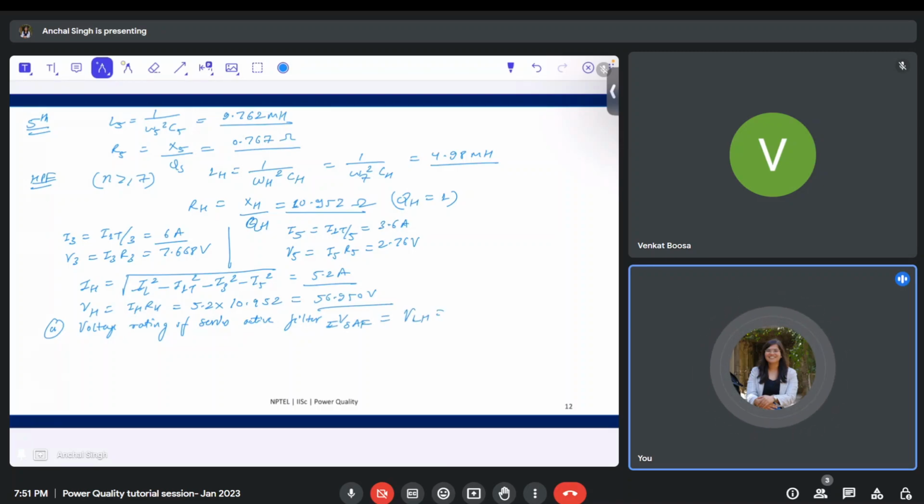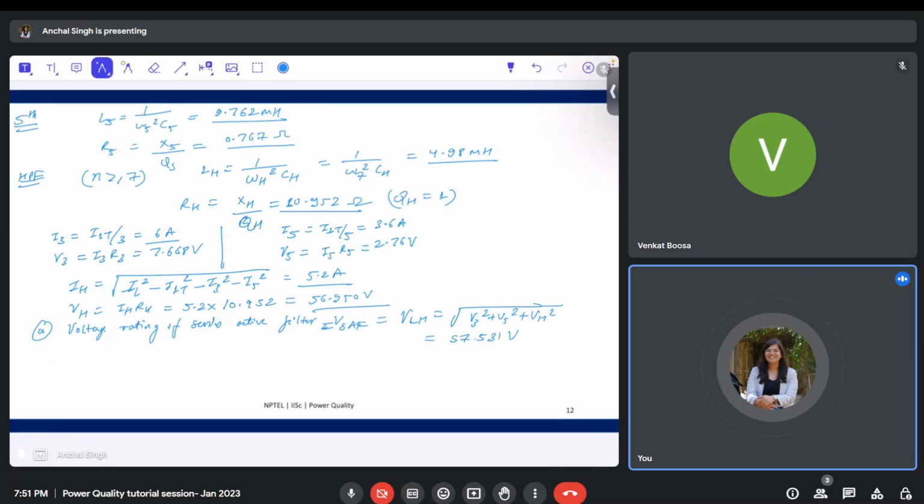So V load harmonic, which will be equal to V3 square plus V5 square plus VH square. This will be the sum of all these components. So this will be the voltage rating of the series active filter. So this value will come out to be 57.531 volts. This is our VLH.